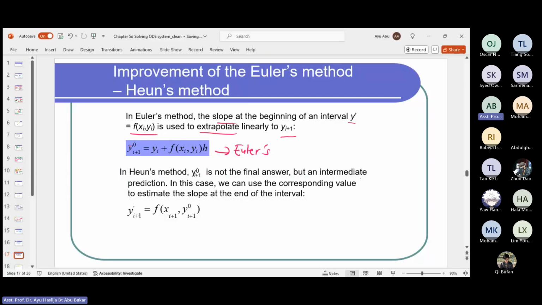So here it means your final value of Euler's is not yet the final answer, but an intermediate prediction. In this case, we can use the corresponding value to estimate the slope at the end of the interval. So this is Heun's method.